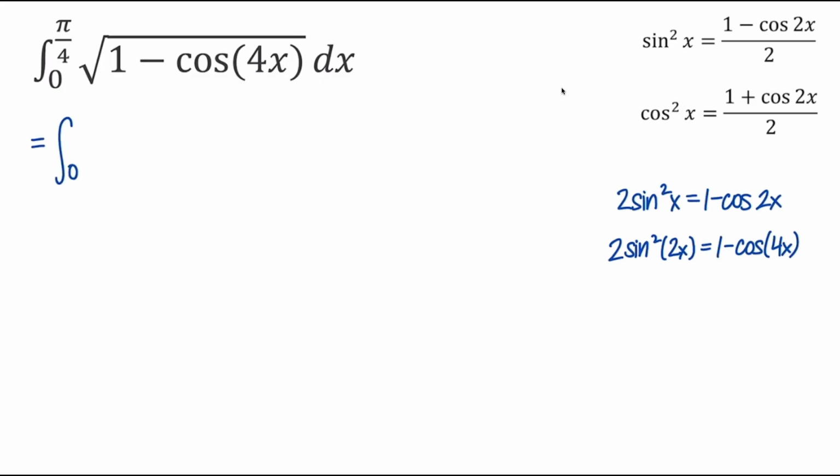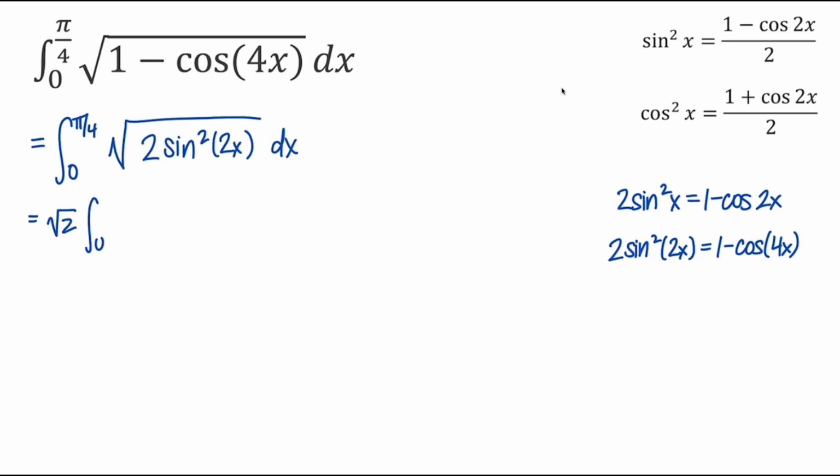So we have the integral from 0 to pi over 4, the square root of 2 sine squared 2x dx. So now the square root of 2 is radical 2, so let's pull that out, radical 2, and then 0 to pi over 4. The square root of sine squared 2x is sine of 2x dx.